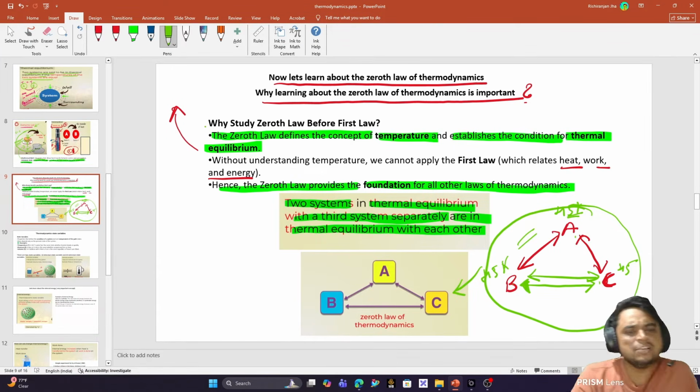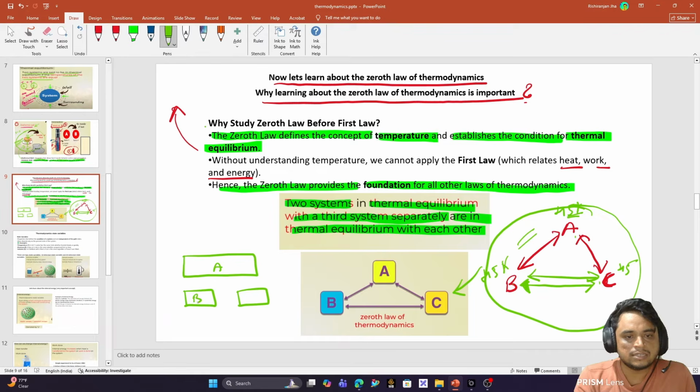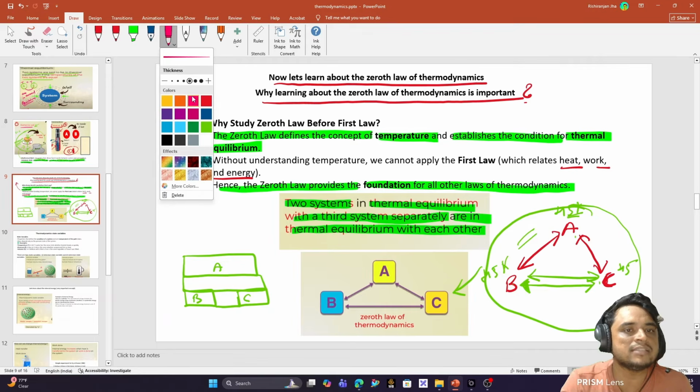Let me explain this with a bit more of an example. I have this system A, here we have this system B, here we have this system C. Now, as I have explained, there are two types of wall, adiabatic and diathermic. So we will apply that concept of adiabatic and diathermic wall in this example.